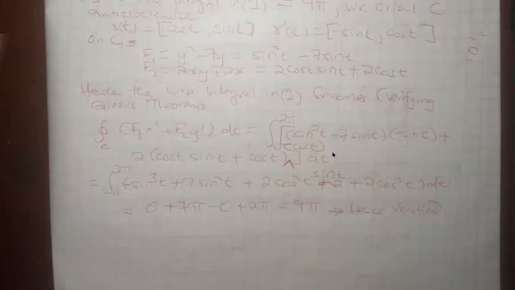Then we verify this using Green's theorem, and this will be easy because now you take the line integral, that is the integral of the closed curve, F1 x prime plus F2 y prime dt. And we know our limits.